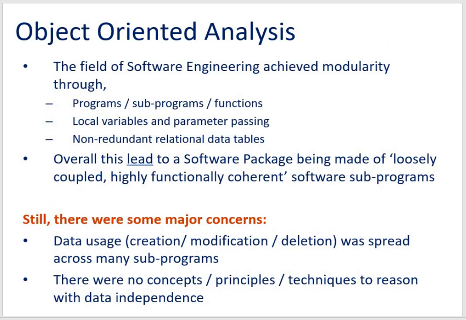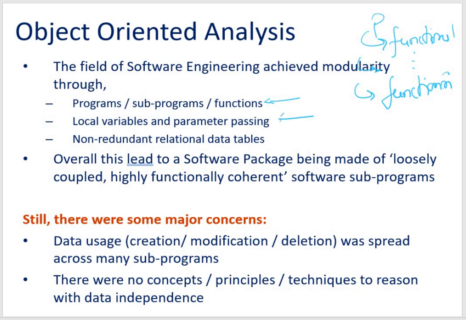Whereas in the field of software engineering, the modularity is achieved through your programs or the subprograms or the functions, right? Your entire program is divided into several functions. Or you can call them modules like module 1, module 2 up to module n.